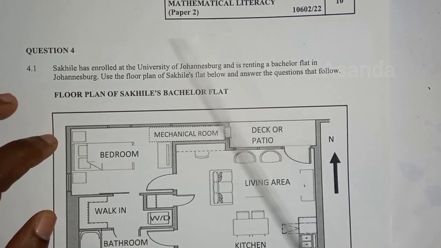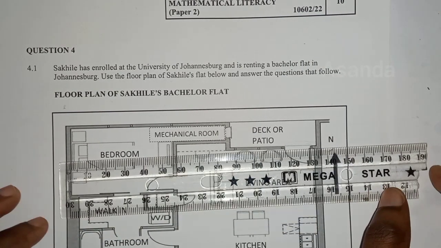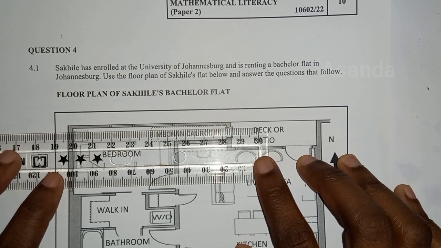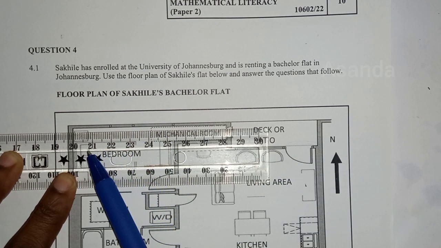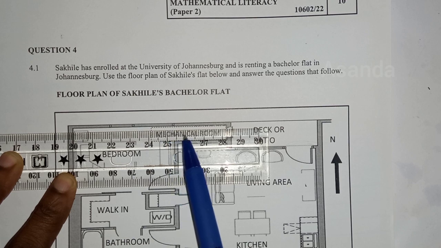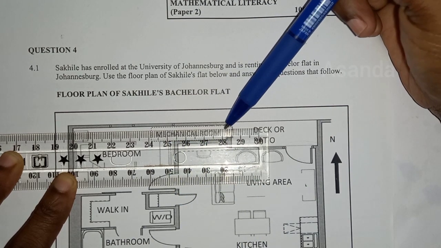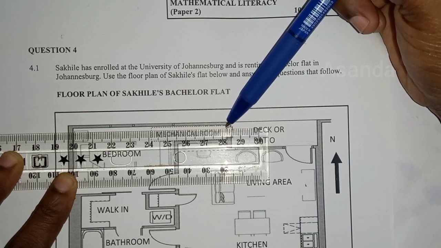We are not given the measurements here, so we don't have a choice but to find the measurement on the map. The length of the bedroom, I'm looking at corner to corner. That's 10, 20, 30, 40, 50, 60, 70, 80 millimeters. 81, 82 millimeters, right? There it is, right there.